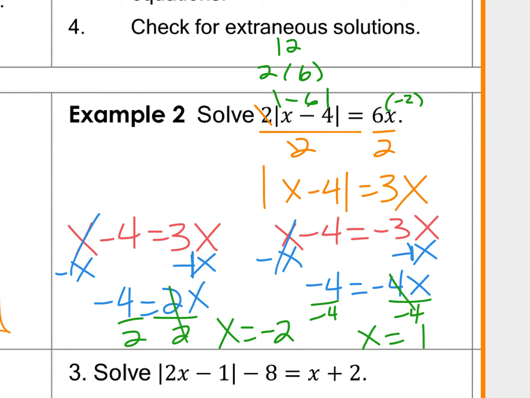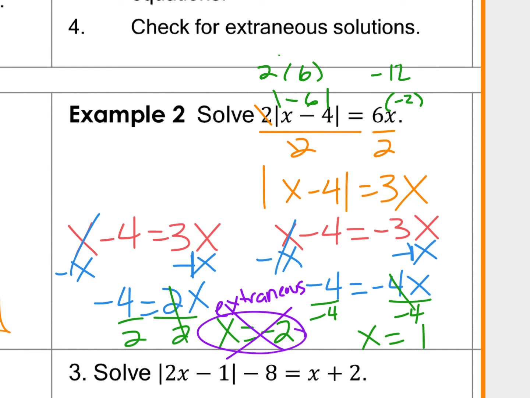So 6 times negative 2 would be negative 12. So I have 12 equals negative 12. Well, that's not true. So x equals negative 2 does not work. It's an extraneous solution. It means we didn't do anything wrong, but when we check it, it just doesn't work.